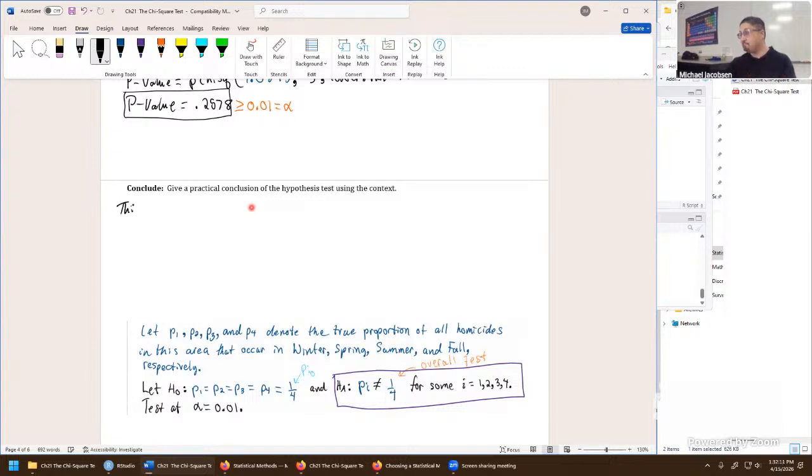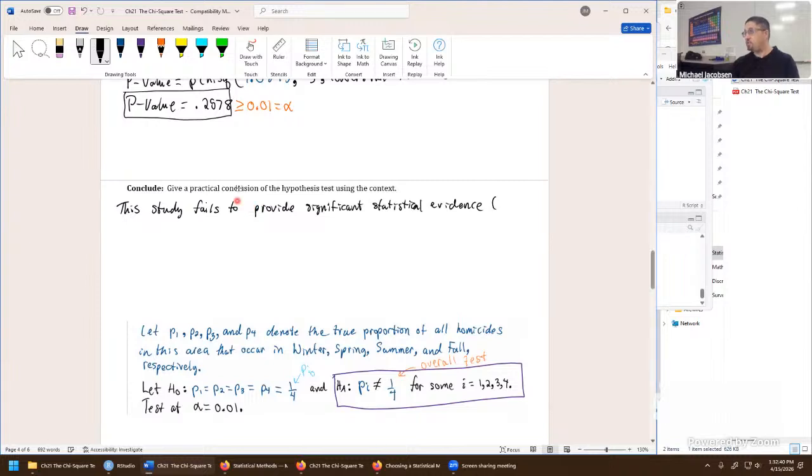Finally, we can say this study fails to provide significant statistical evidence, and we're testing at the 1% significance level, that, go back down to here, this is true, but using the context, using ordinary words.